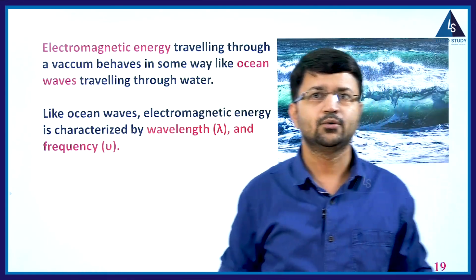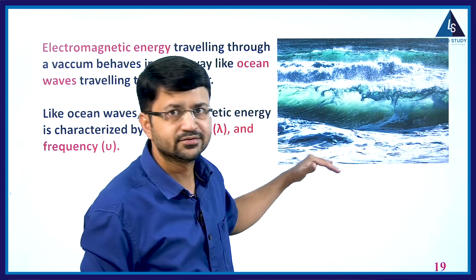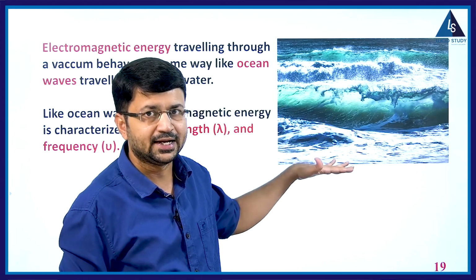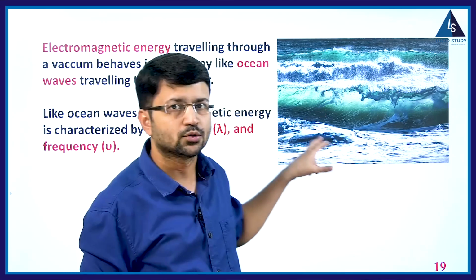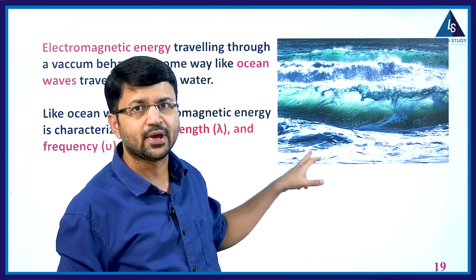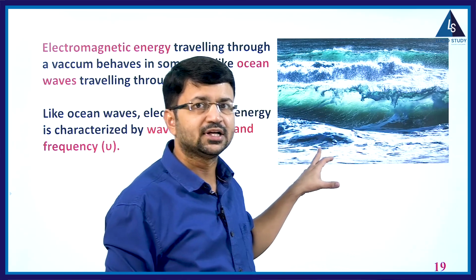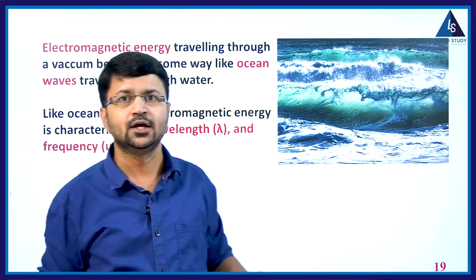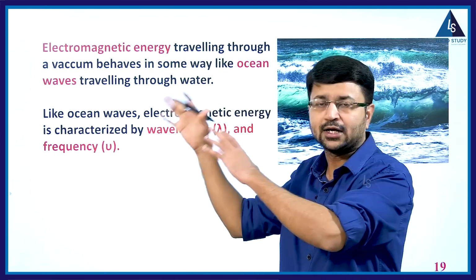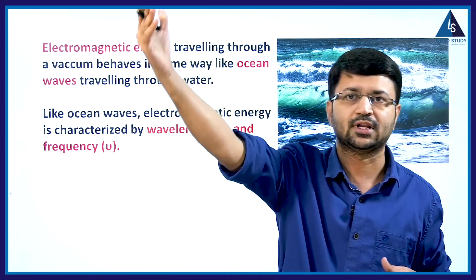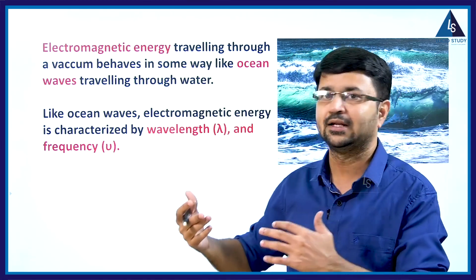Next one, try to understand. Okay, see now here, try to see the waves that are generated in an ocean. In this image you can see the waves that are being generated in an ocean. Next one, electromagnetic energy means whatever the light that is coming from the sunlight.